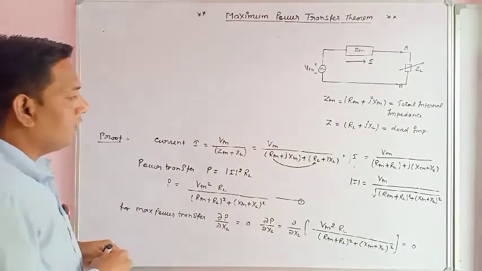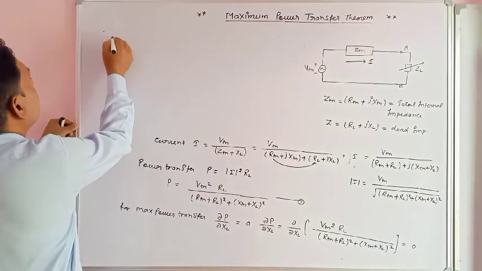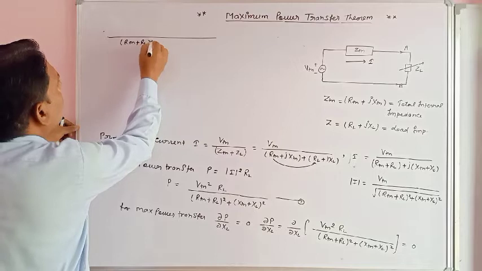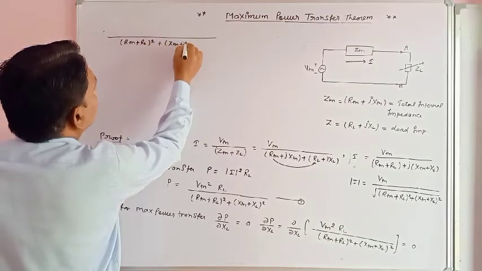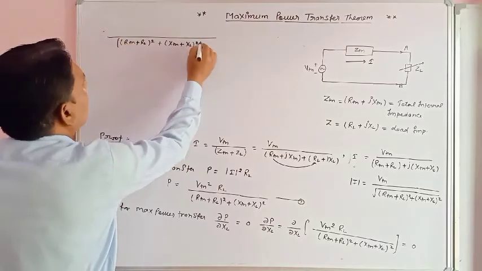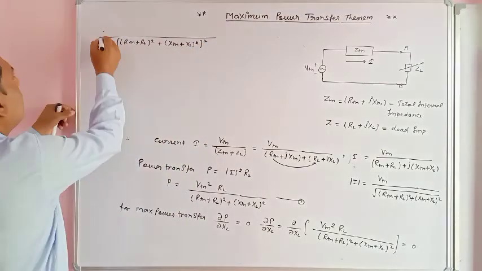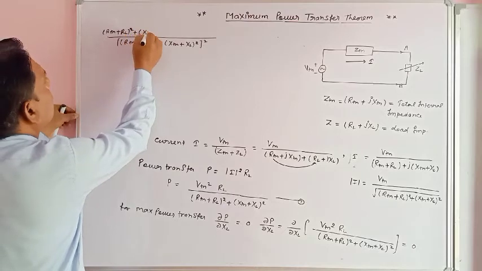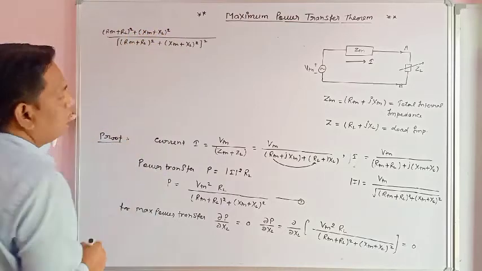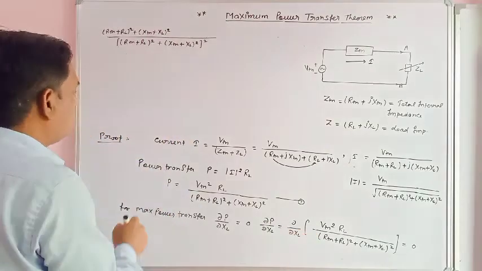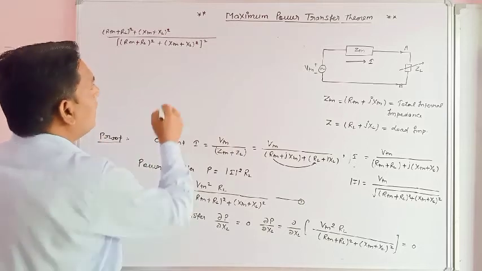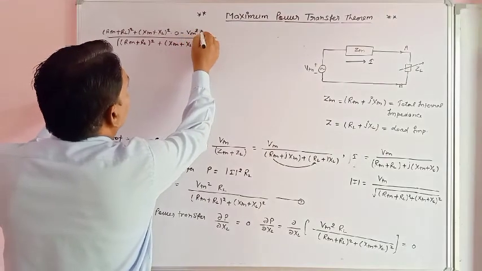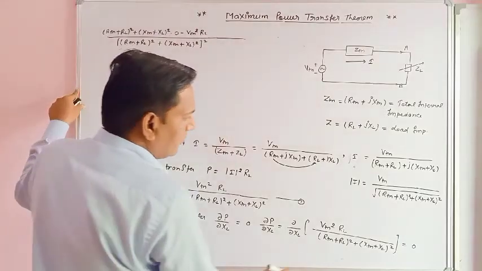Differentiating this expression, we get the denominator squared. We take RTH plus RL to the whole square plus XTH plus XL to the whole square as it is in the denominator, and the partial derivative of the numerator with respect to XL is 0, minus the numerator as it is, VTH square RL, into the partial derivative of this denominator with respect to XL.